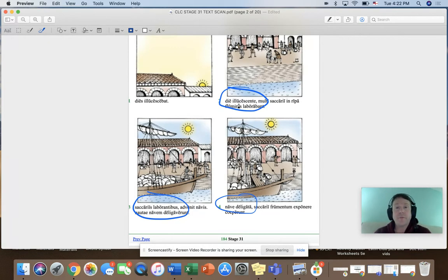From previous chapters, when we see a word in the ablative all by itself, we just use with or by. But here we're going to use with as a helping word. So not just the day, but with the day. And illucescente is the present participle of to become light. So with the day becoming light.